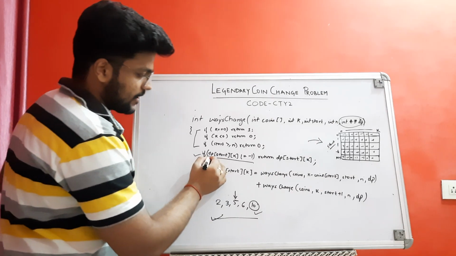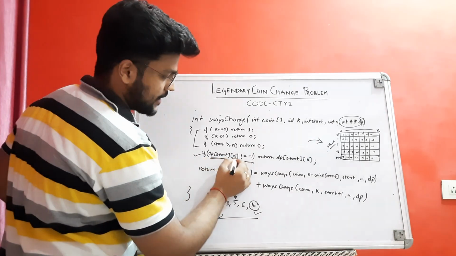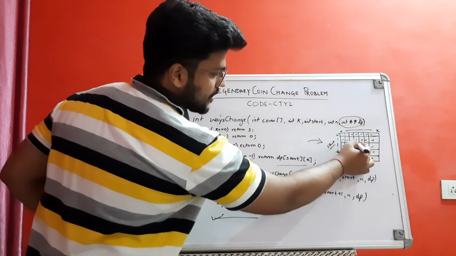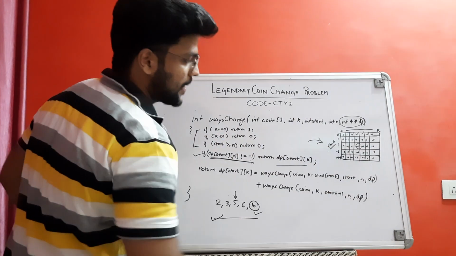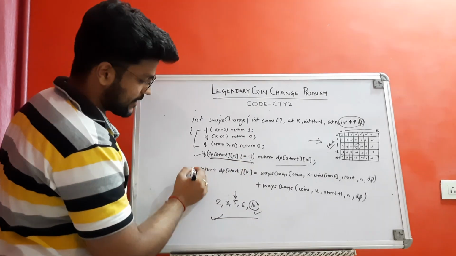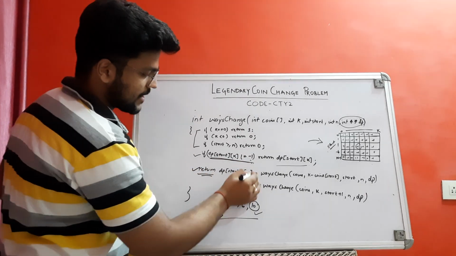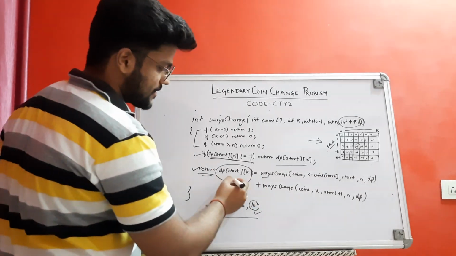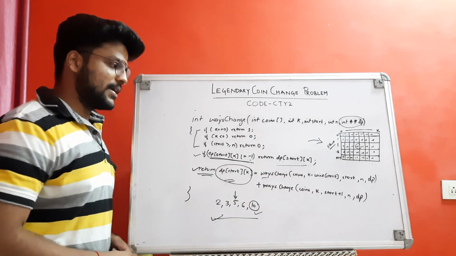So if DP at start and k is not equal to -1, I will use that value. And if it equals -1, I will calculate it first and then save it in the 2D DP array.